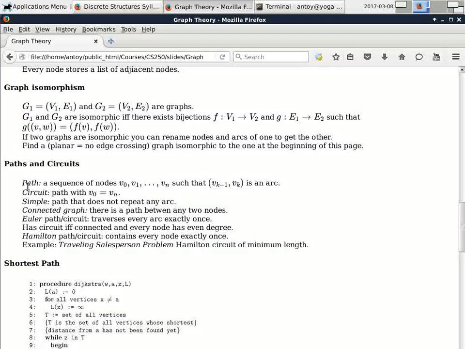If a path starts from one node and goes back to the same node, we call it a circuit or a cycle. Circuit and cycle are two words for the same concept. We say that this cycle is simple if you do it only once. You don't go over it more than once.